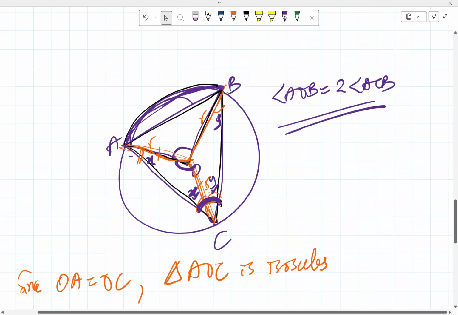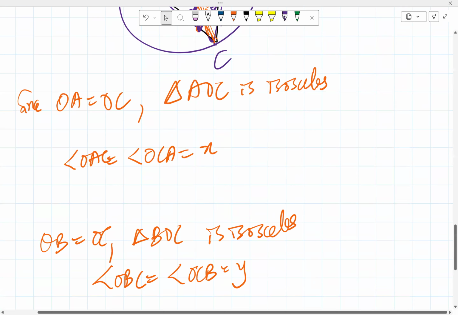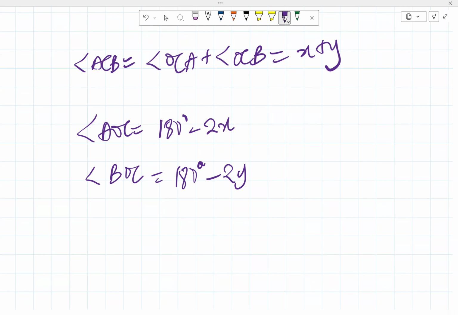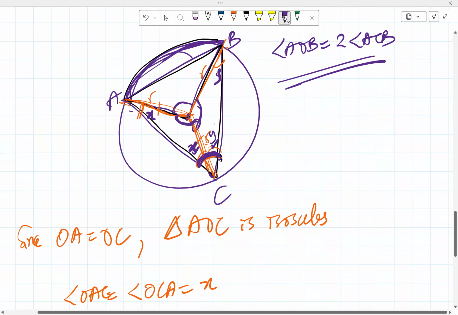Angle BOC, this angle right here, will be 180 minus 2y, because this angle plus y plus y will be 180. So BOC is 180 degrees minus 2y. Now angles around point O, around the center, add up to 360 degrees. That's angles at a point.